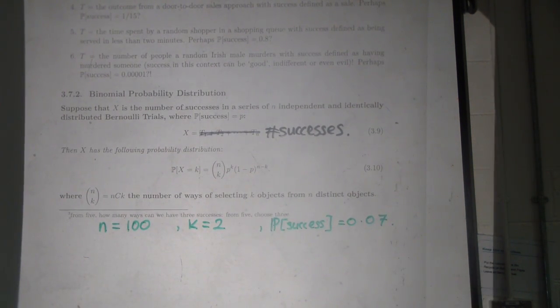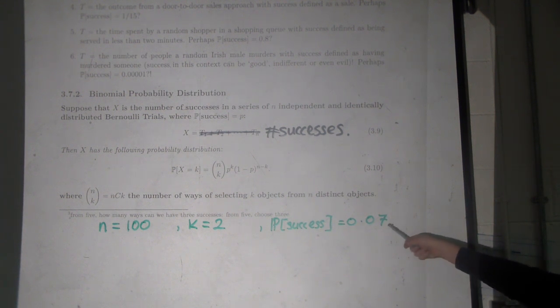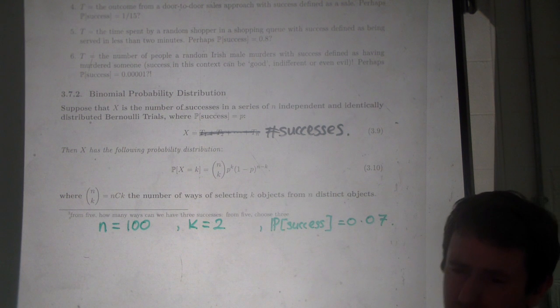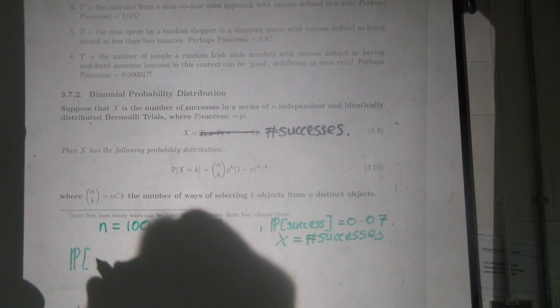So you've got 100 doors you're knocking on. What's the probability that you make 2 sales? Now, probability of success on the door is 7%, so you actually expect to make 7 sales, so this number would be quite small. So here say X is the number of successes, number of sales, and you're interested in what is the probability that the number of sales is 2.